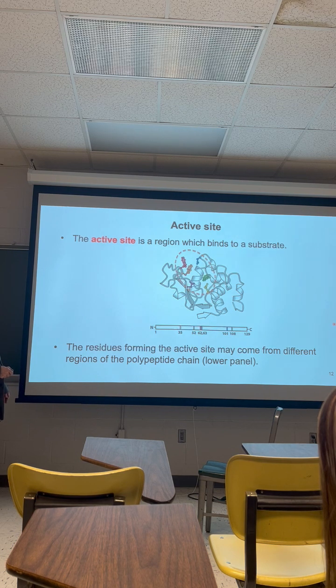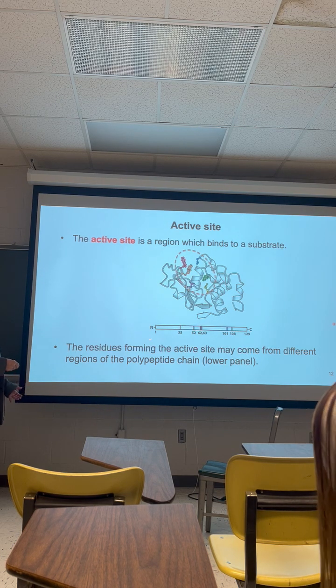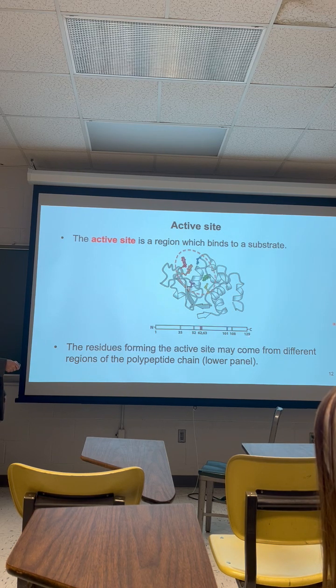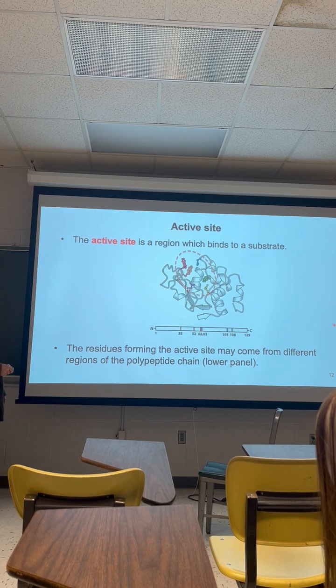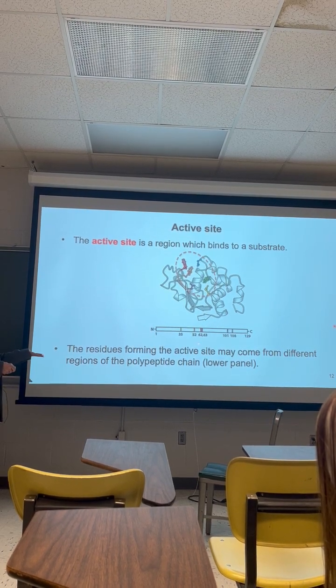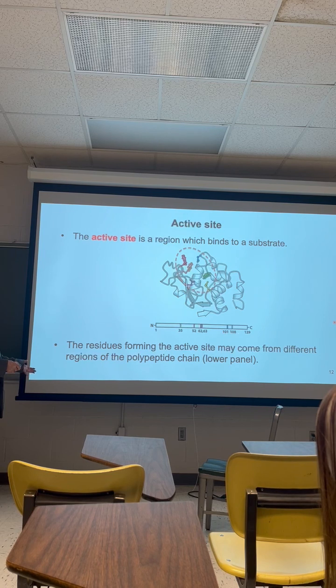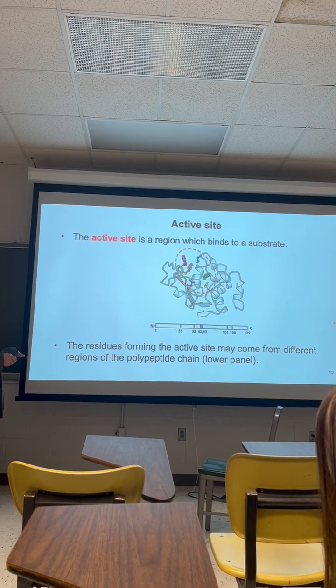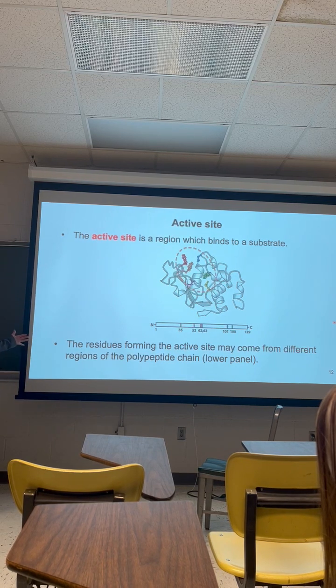In this particular case, let's say that this protein had 129 amino acids, and those colored ones are 35, 52, 62, 101, 108. This is really an example. So they are incredibly far apart in the primary structure, and they come much closer to each other when the protein folds.